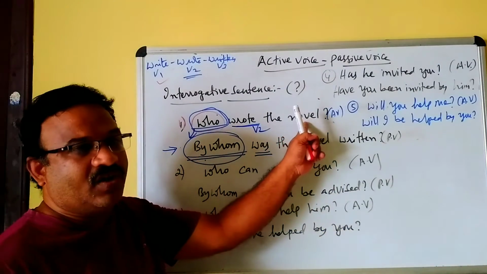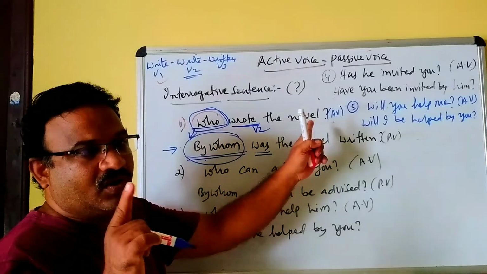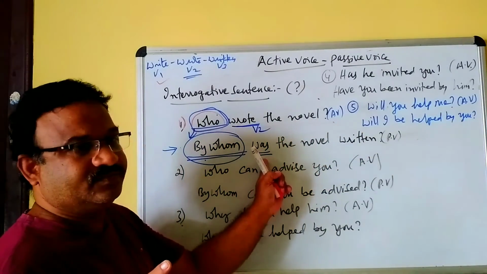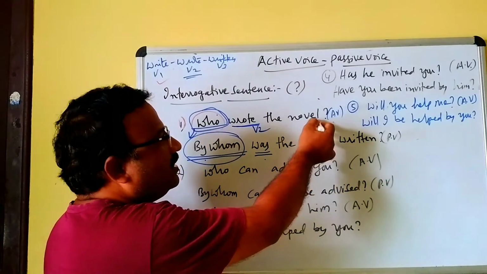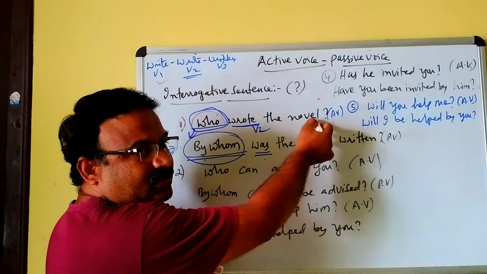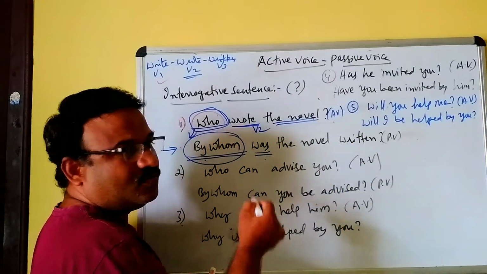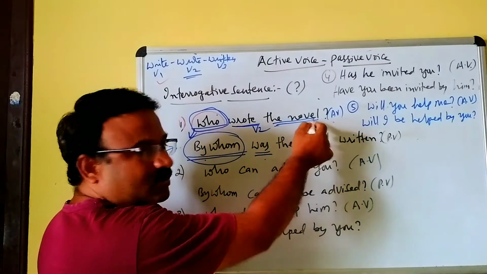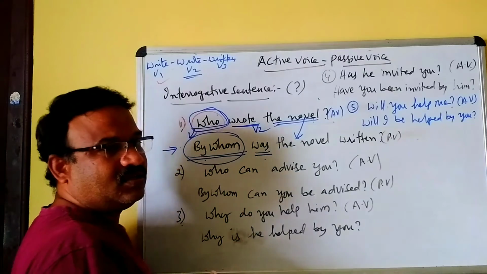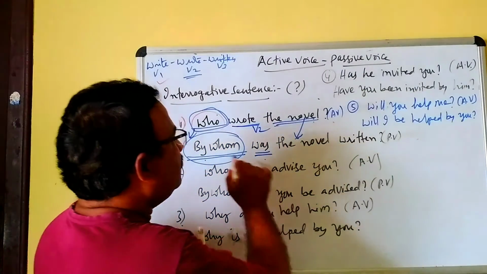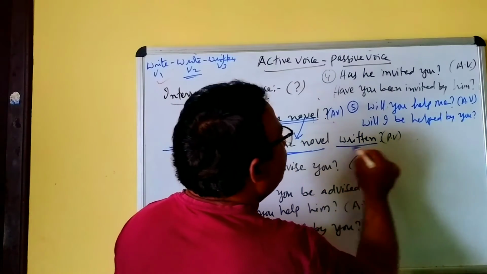But here the novel is singular, only one novel. So here was: by whom was. Next, what is that? Object. Here, the novel. Who wrote the novel? This is the object. By whom was the novel written?